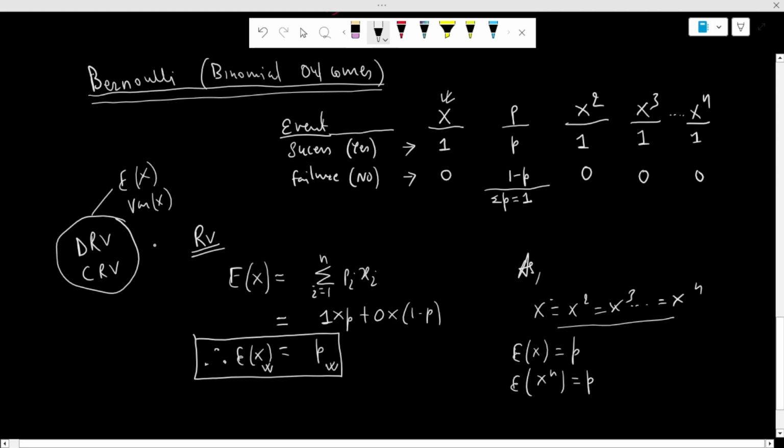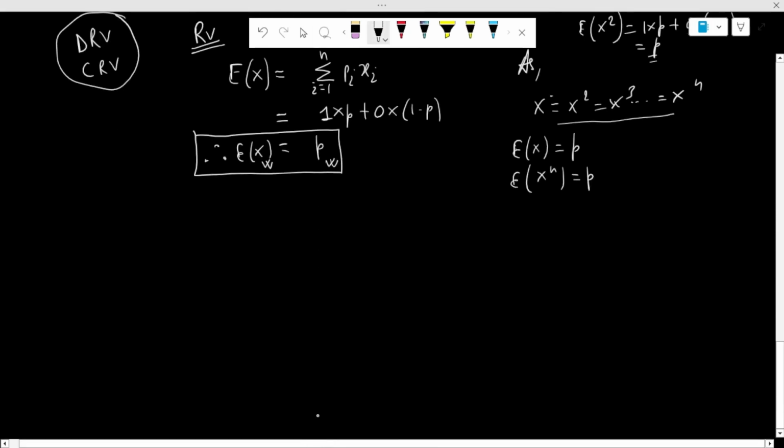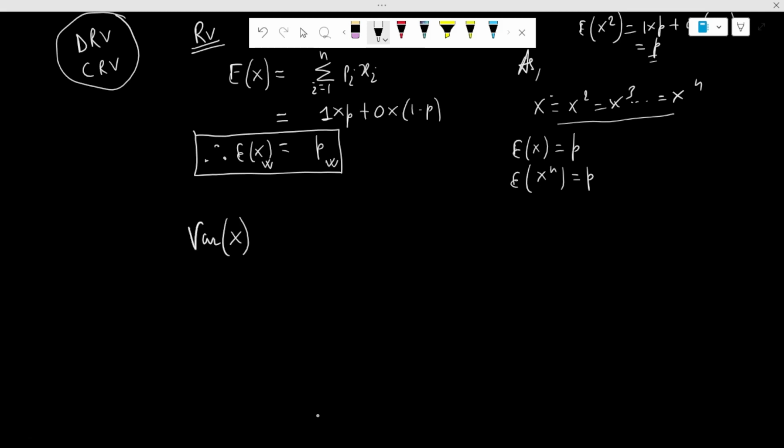As for example, if we want to calculate the expectation of x squared, the value of x does not change, so this is also equal to 1 into p plus 0 into 1 minus p, and the result is p itself. Now, with the help of this result, let us calculate the variance of the Bernoulli random variable x. We know the formula to calculate the variance.